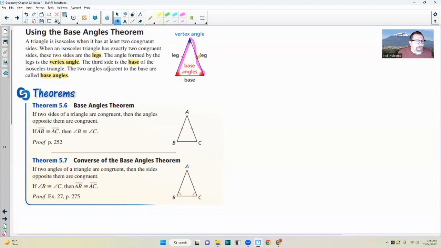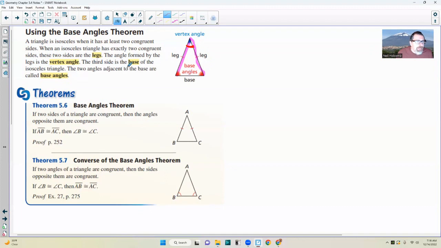They're called legs. The angles formed by the legs is the vertex angle. This up here, vertex angle. This leg and this leg form that angle. That is the vertex angle. The third side is the base of the isosceles triangle. So the side that is not a leg is the base.